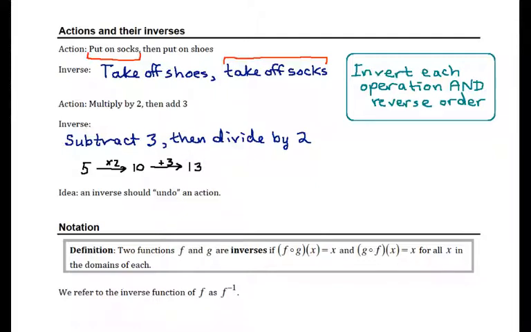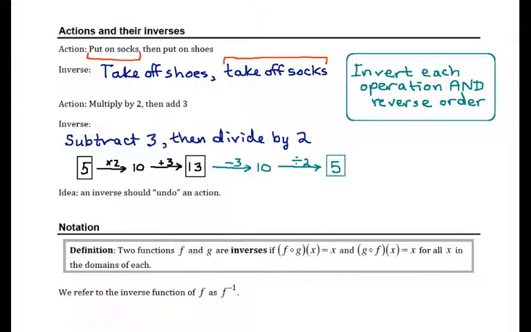So this is my starting point and my ending point from the action. I'm now going to start applying my inverse. My inverse tells me to first subtract 3, and that gets me 10, and then divide by 2, which gets me back to that 5 that I started with.